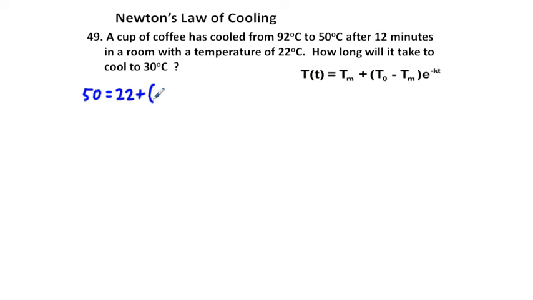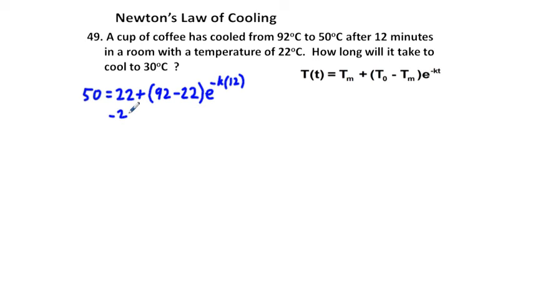We are given 92 degrees Celsius, minus our medium temperature, which is 22, times e, which is Euler's number, to the power of negative K, and T we have is 12 minutes. So that's our basic equation we're going to work out, and solving for K, that's going to be it.